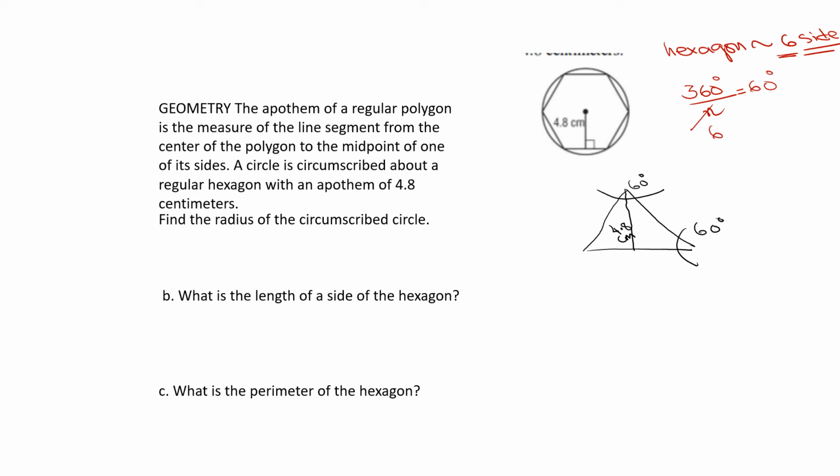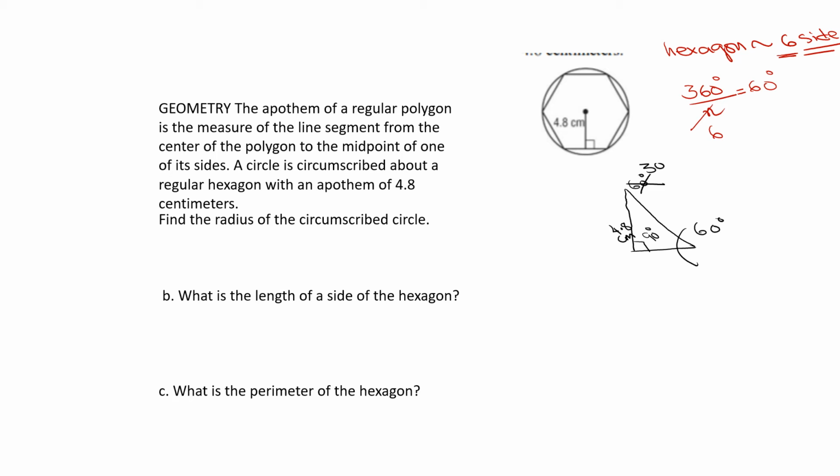I want to talk about the right triangle, so I just need one half of the triangle. If the whole angle is 60 degrees, on cutting it into two parts my angle stays only 30 degrees. So 30, 60, and this is my 90 degrees.